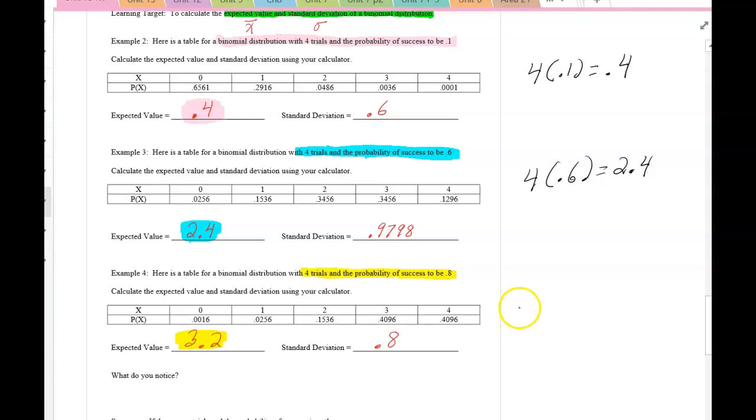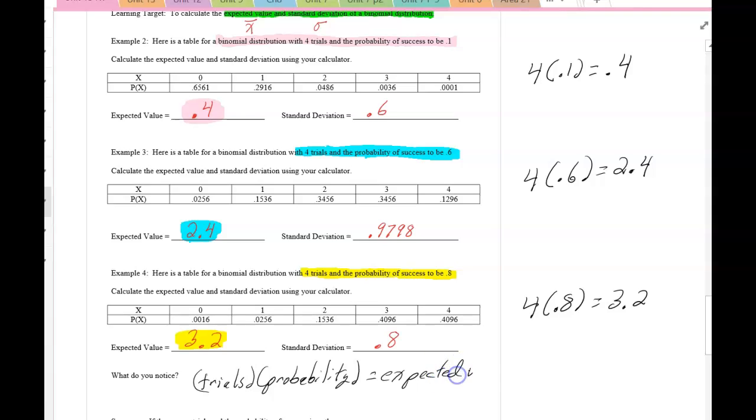In example 4, 4 times 0.8 is indeed 3.2. So what do you notice? You should notice the number of trials times the probability is equal to the expected value. And this works if it is a binomial distribution.